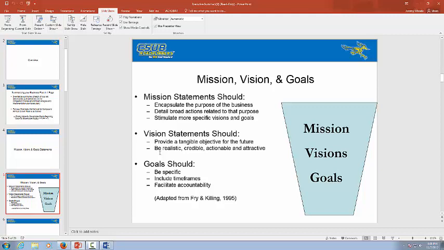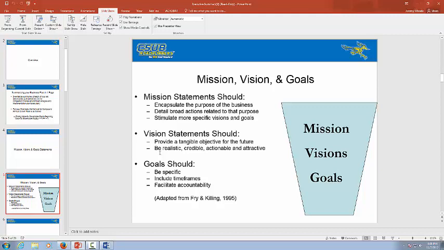The mission statement should encapsulate the purpose of the business, detail broad actions related to that purpose, and stimulate more specific vision and goals. So it's a very broad statement. The vision statement should provide a tangible objective for the future, be realistic, credible, actionable, and attractive. So the vision statement is a little bit more focused than the mission statement, but still is an overarching statement about the business overall.